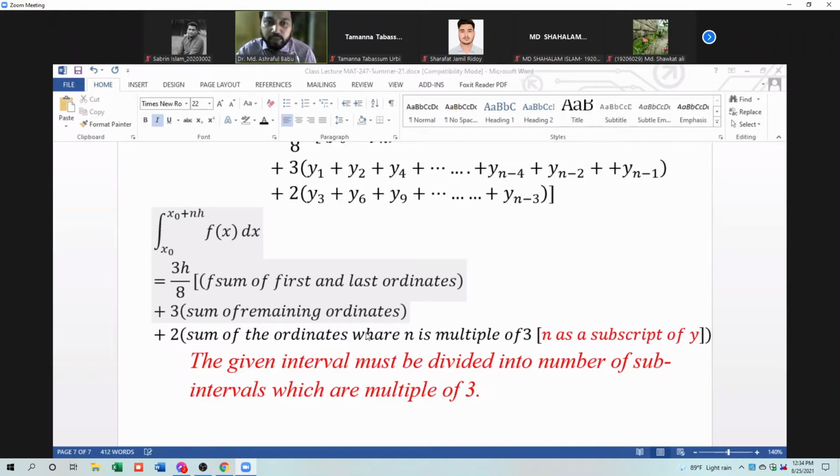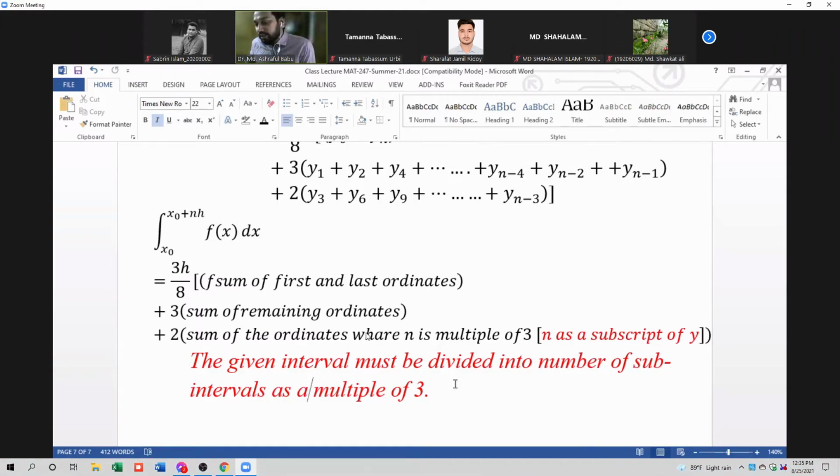Or, an easier way to write that, the given interval we can divide into a number of subintervals as a multiple of 3. That means we can create 3 intervals, or 6 intervals, 9 intervals, 12 intervals, 15 intervals. These are the multiples of 3. So this is the condition for the Simpson 3-8 rule.